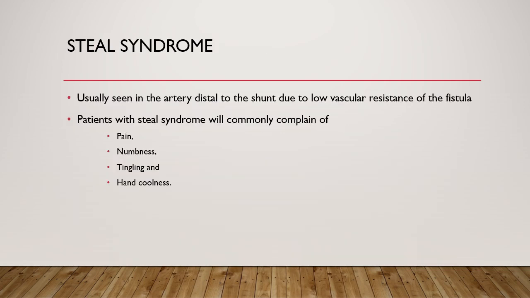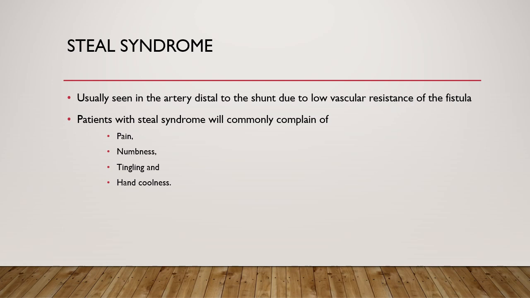All right, we're going to discuss steal syndrome. This is usually seen in the artery distal to the shunt due to low vascular resistance of the fistula. So for example, a patient with a brachiocephalic fistula would likely have a steal syndrome in the forearm of that same arm with the fistula.